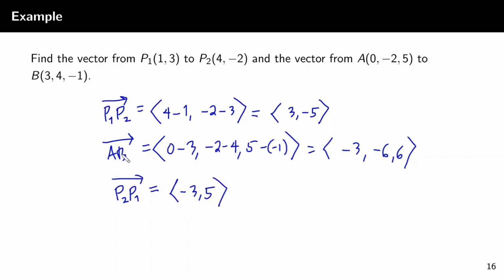So, same thing with the vector from B to A. Magiging siyang 3, 6, negative 6. Okay. Anyway, the problem is only asking for the vector from P1 to P2 and the vector from A to B. So, for illustration purposes lang itong dalawa pang vector na nandito.